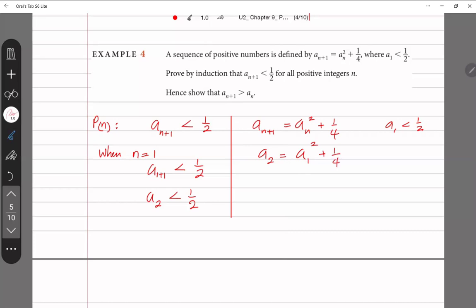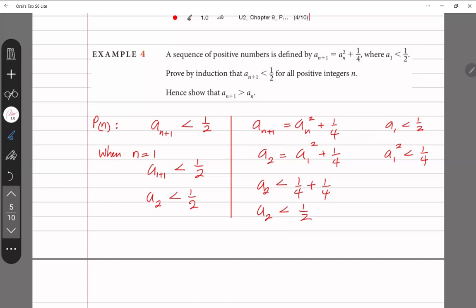Now a1 is less than a half. Therefore, if I square both sides, I'm going to get a1 squared is less than a quarter. If a1 squared is less than a quarter, a2 would be less than a quarter plus a quarter. a2 would be less than a half.